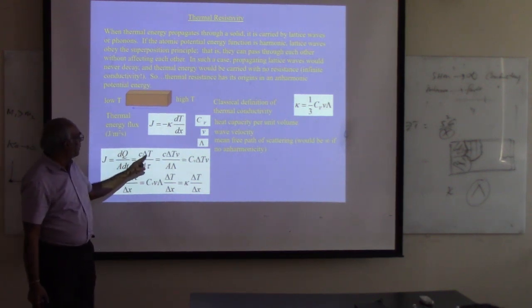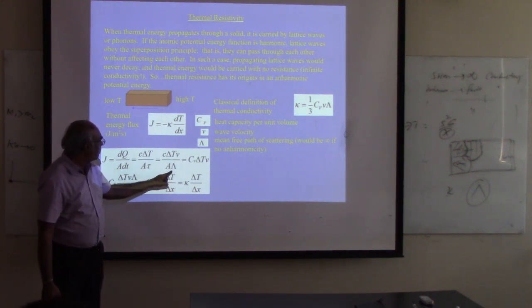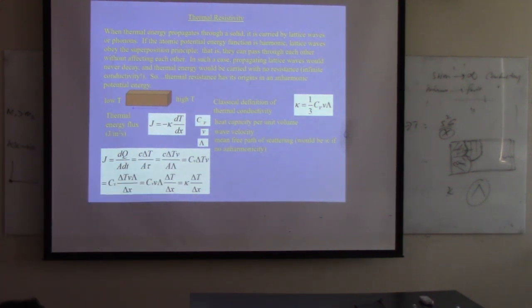So if I write tau as gamma divided by V, because this is my gamma between two scattering centers, right? If it is moving at velocity V, then the time between these two scattering events is given by gamma over V, right? Basically distance over velocity. That's what I put here.